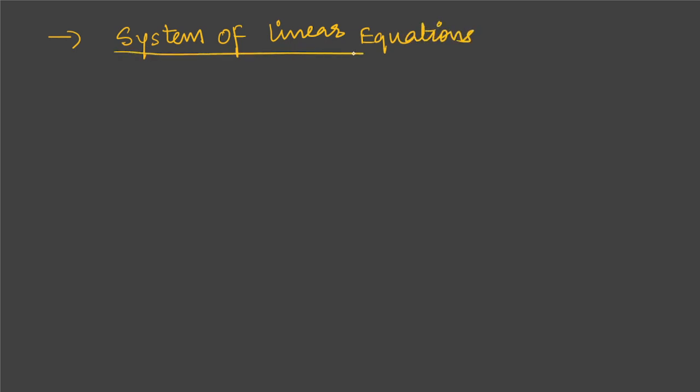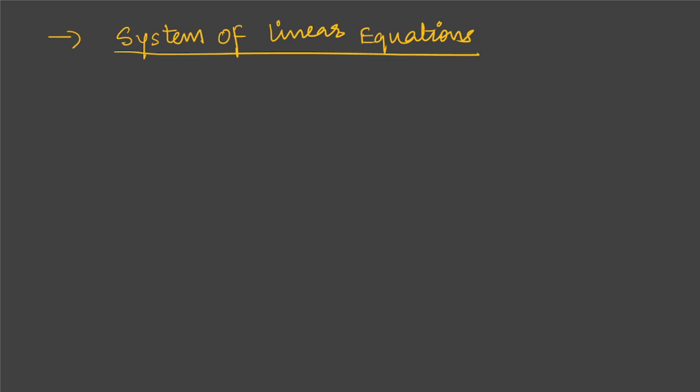In our module 2, the first topic that we are going to cover is the system of linear equations. As I already told you, in the projects that you would be doing in your masters or even in your PhD, or for those who are planning to do their PhDs, you would obviously be given a physical problem which you can solve.